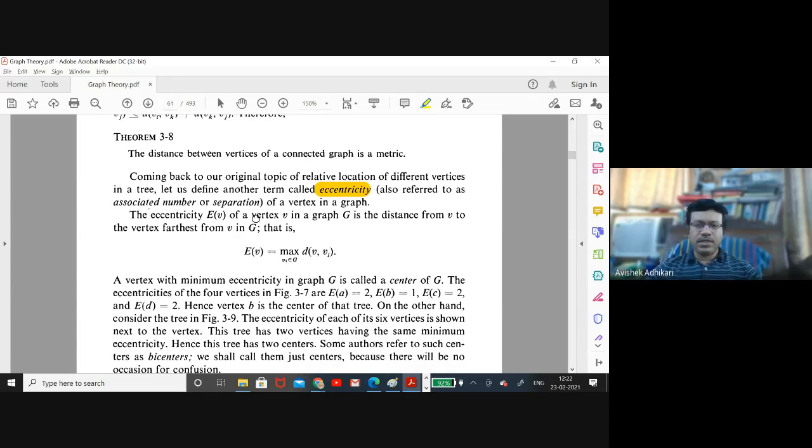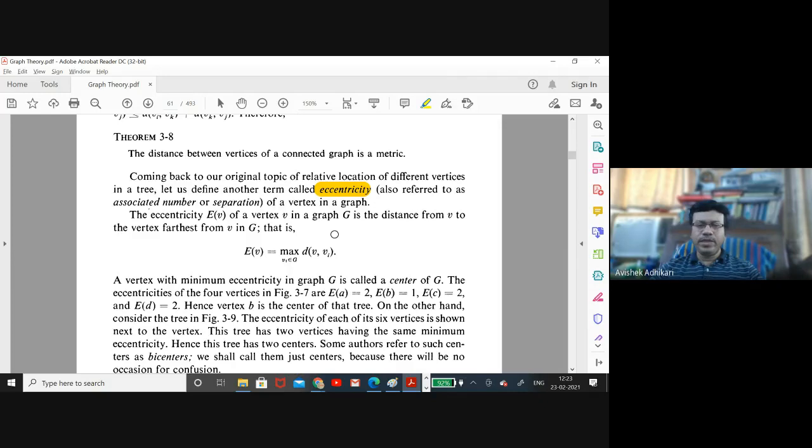The eccentricity E(V), the eccentricity of a particular vertex V in a graph, is the distance from V to the vertex farthest from V in G. That means, suppose you want to calculate the eccentricity of a vertex V, then you calculate the distance between all the remaining vertices and V and take the maximum distance length.